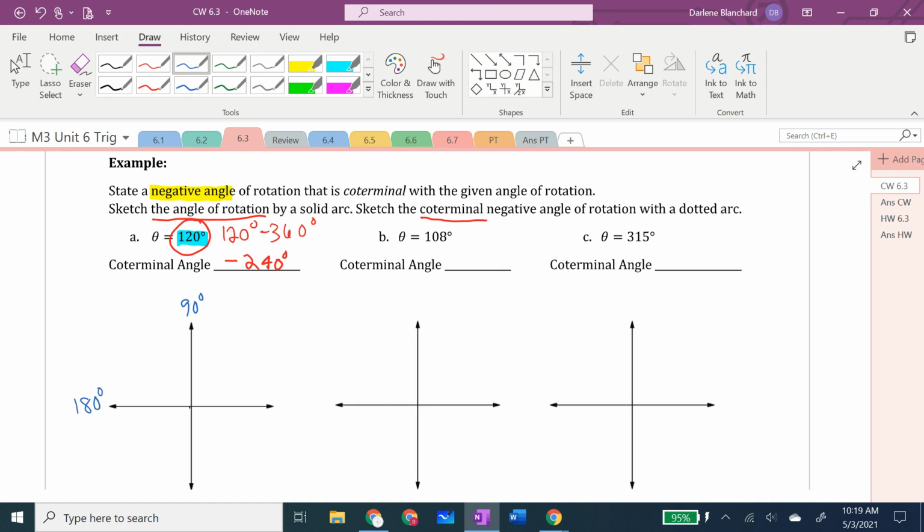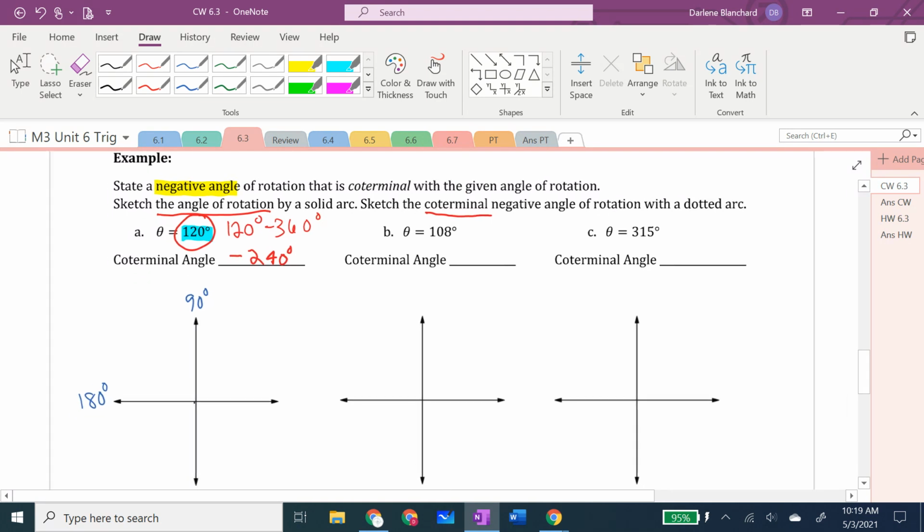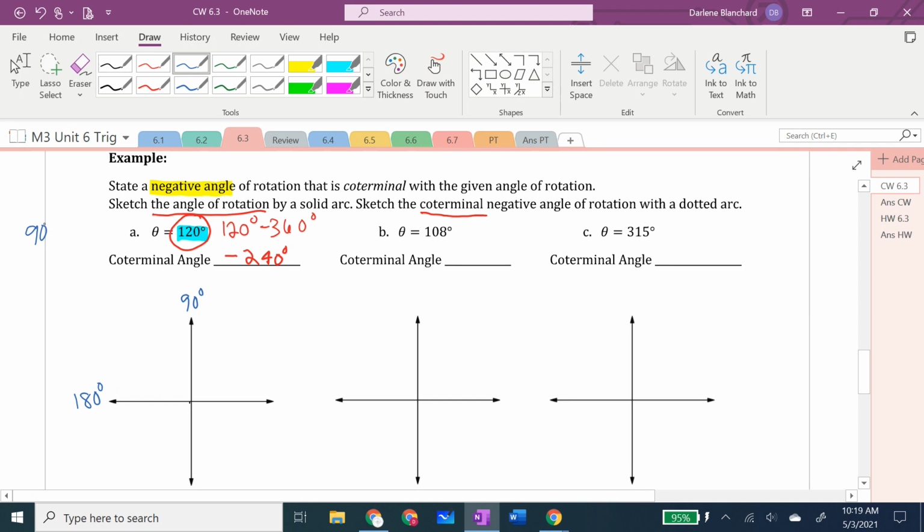So one thing to be aware of is how much rotation do you have as you go from 90 to 180? You have a 90-degree amount of rotation going from one to the other. Where is 120 in that? How many degrees past 90 is that?